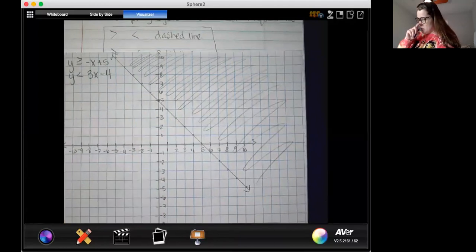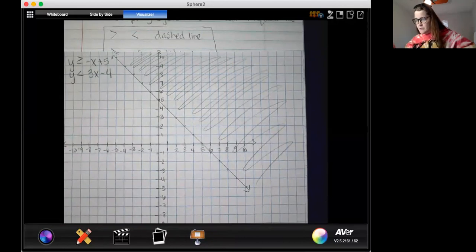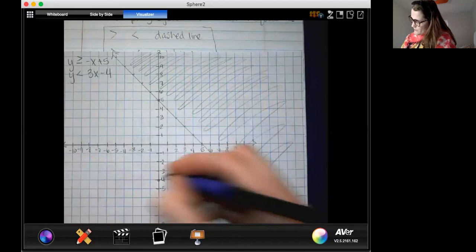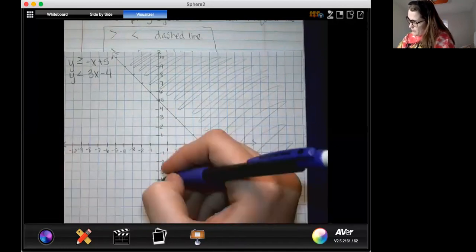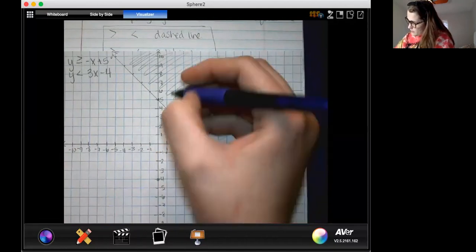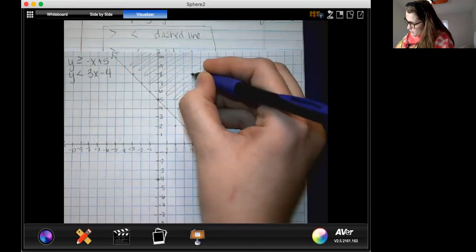So we're going to graph the next one. The next one has a y-intercept of (0, -4) and a slope of 3. So I go up 3, to the right 1, up 3, to the right 1, and so forth.